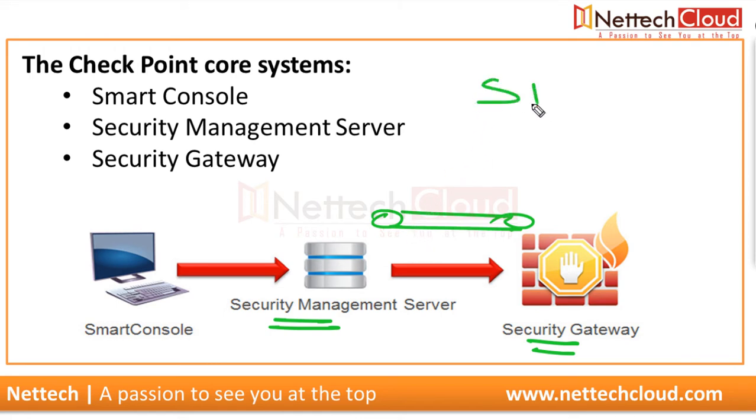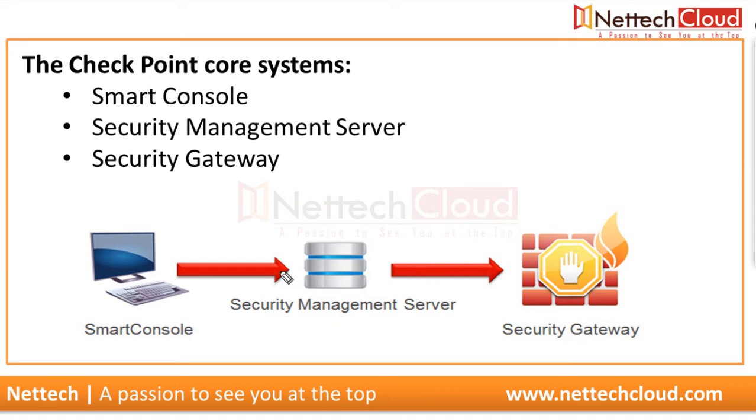There should be secure internal communication, like a VPN tunnel negotiated and established between the management server and the security gateway, because the communication must be encrypted and authenticated, right? How this SIC is established, I'm going to explain in the next slide. But before that, let's understand the different communication ports here.